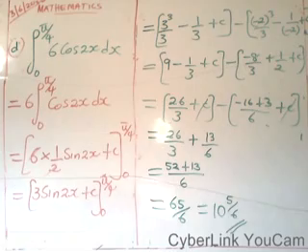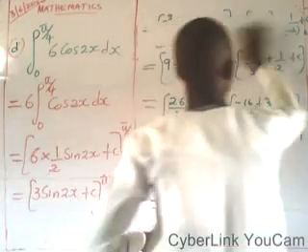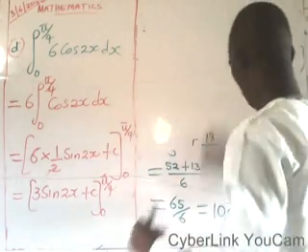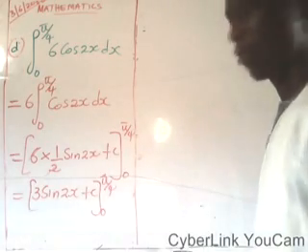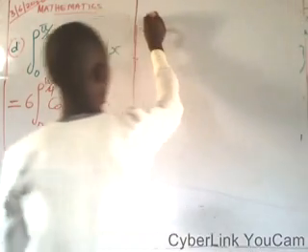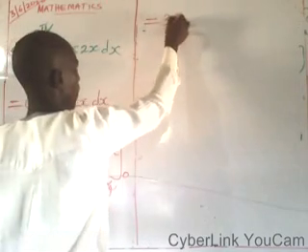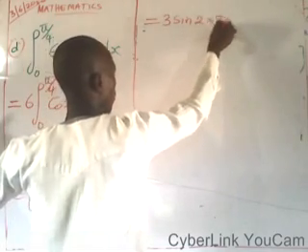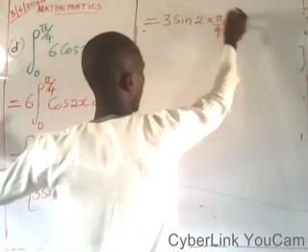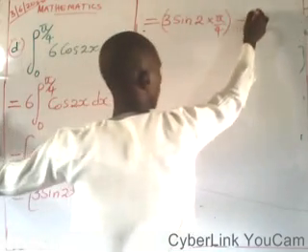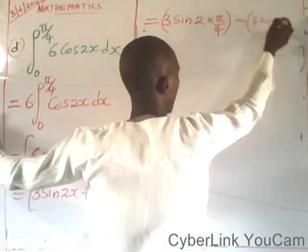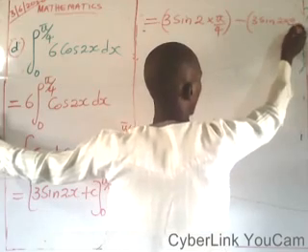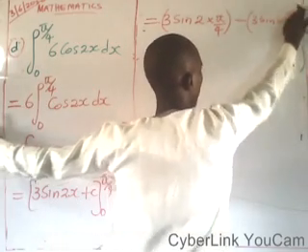When x is equal to pi all over 4, and when x is equal to 0, see what I will have. So this is equal to 3 sine 2 multiplied by pi all over 4, minus, open the bracket, 3 sine 2 multiplied by 0.